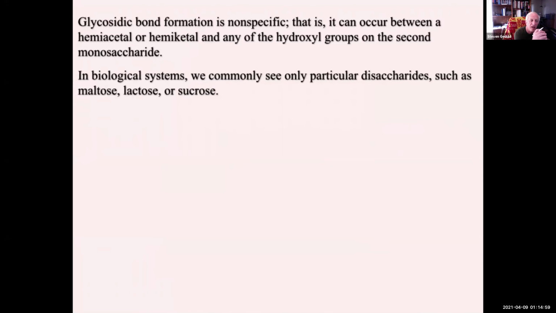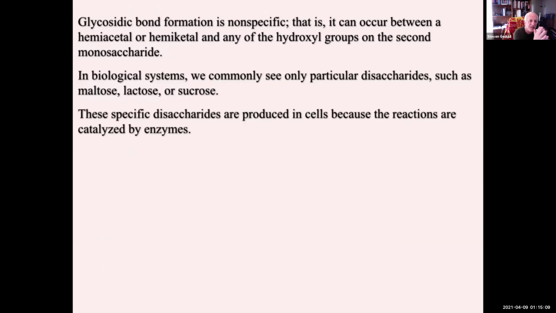Okay, so a glycosidic bond is non-specific. It can occur between a hemiacetal or a hemiketal and any of the hydroxyl groups on the second monosaccharide. Okay, so in biological systems, we commonly see only particular disaccharides like maltose, lactose, sucrose. We see those in the human body.